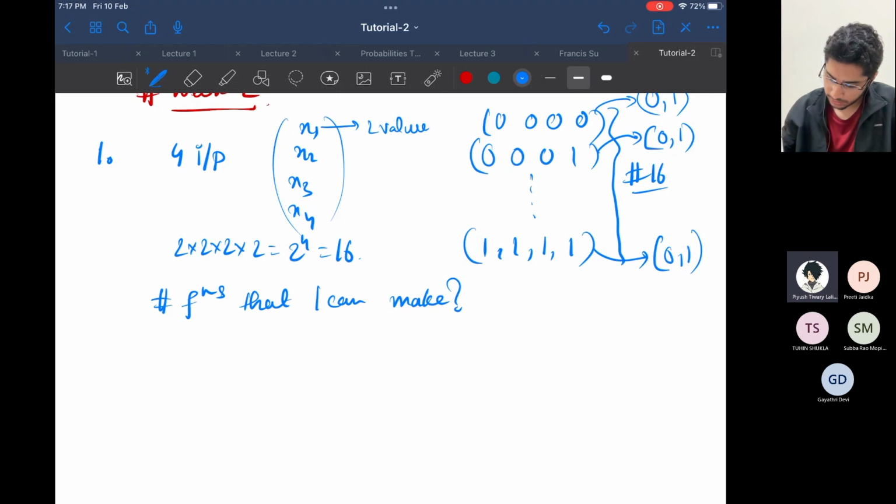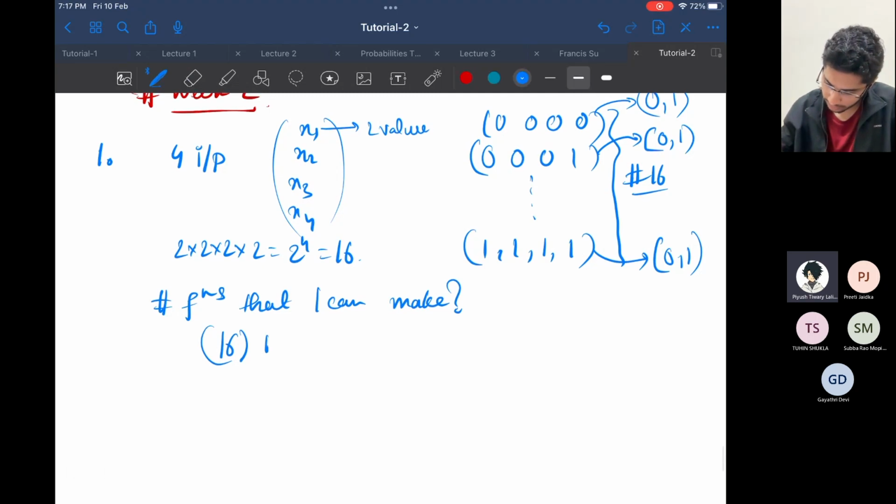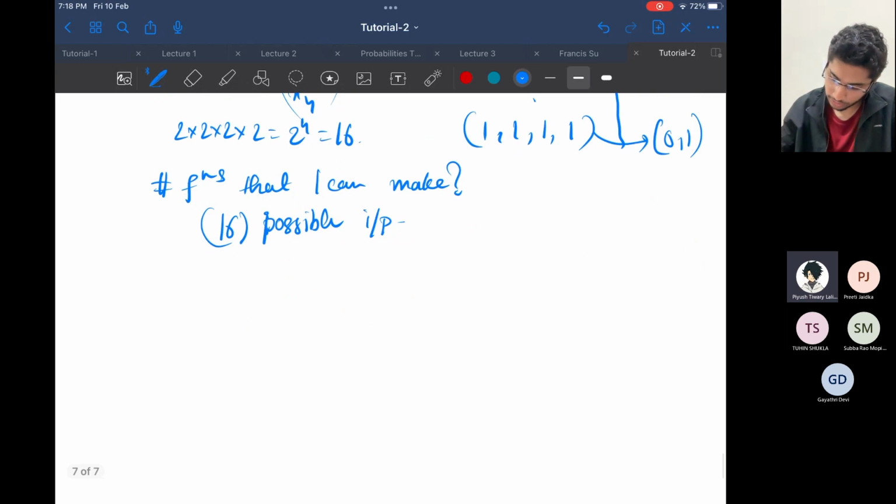It's simple. There are 16 elements, and each of them can be assigned two values, either 0 or 1. So if you have 16 possible inputs, the first input can have either 0 or 1, so two values.